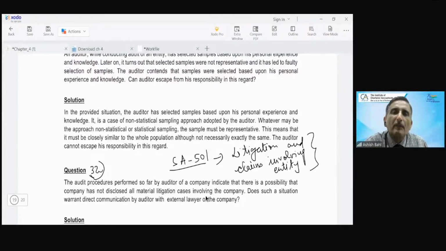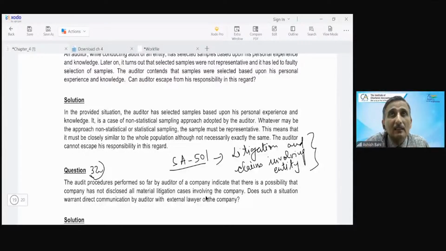The auditor has performed certain procedures, and the procedures performed by him so far indicate that there is a possibility that the company has not disclosed all material litigations, that there are certain litigation matters which have not been disclosed in the financial statements.